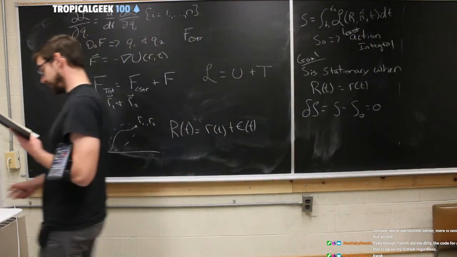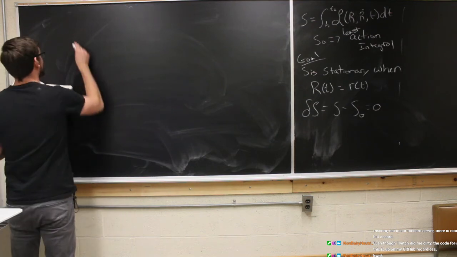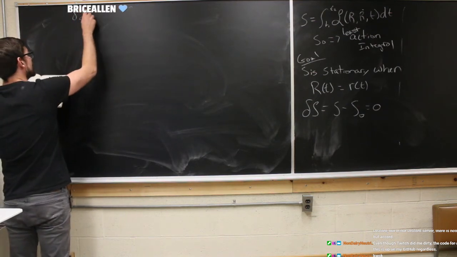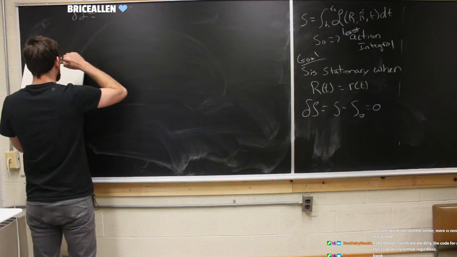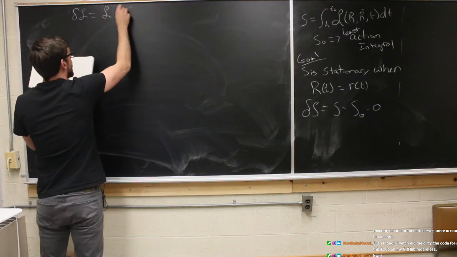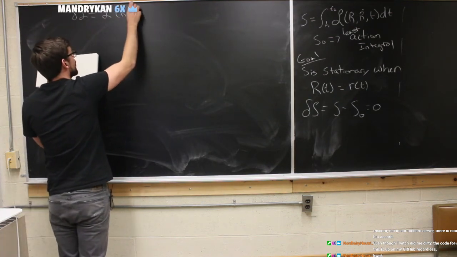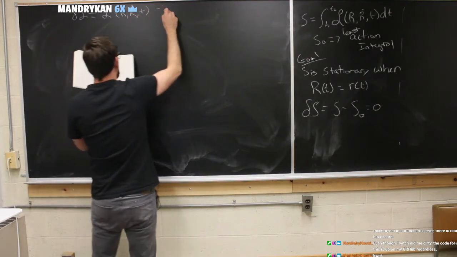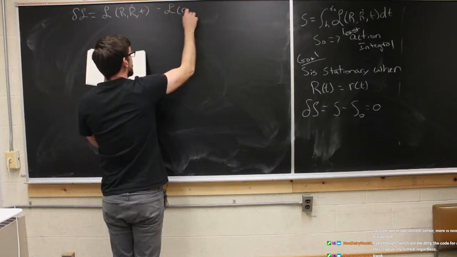Let's get to work. So firstly, let's write down the small variation of the Lagrangian, just so we have a good idea of what that is. That's going to equal the subtraction of our Lagrangian of big R with the Lagrangian of the little r.